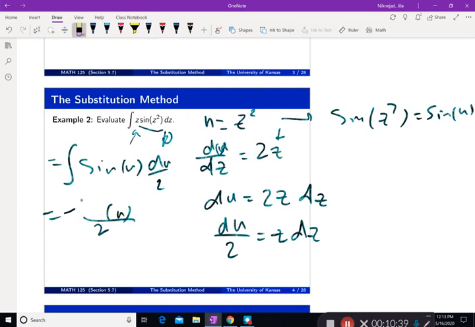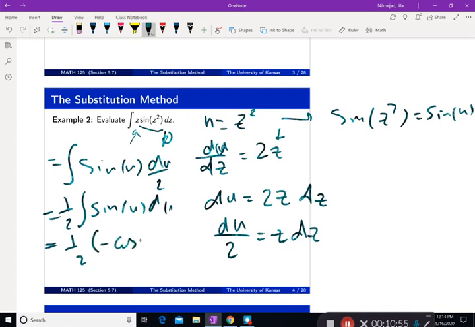Let me rewrite it again. So basically, first step is 1/2 comes out of the integral, and you will have sine of u du. So 1/2 and the antiderivative of sine of u is going to be negative cosine of u plus c. The very last step is to replace back what function? So negative 1/2 cosine of z squared plus c, since u was z squared.